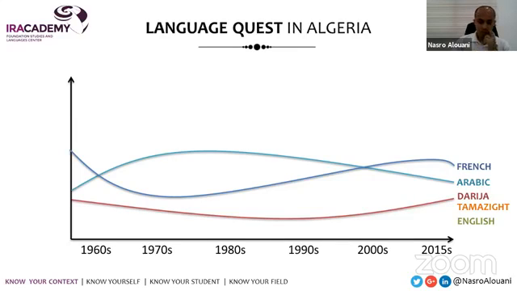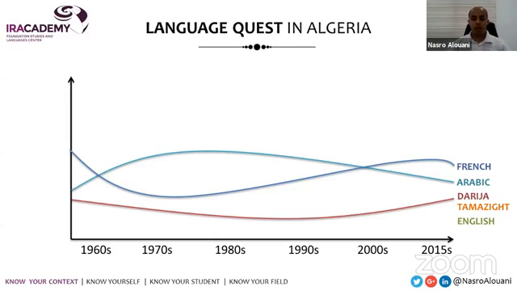Darija as well: at Independence, Darija was so strong, with the Sha'bi and the authentic, conservative Darija. It went down, but now we see some leading figures in government talking about introducing Darija into the curriculum.